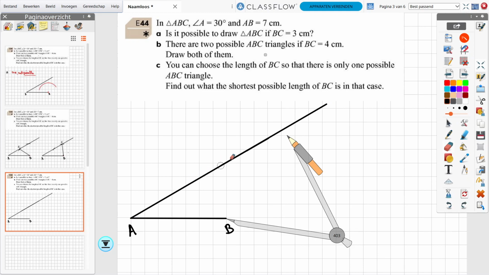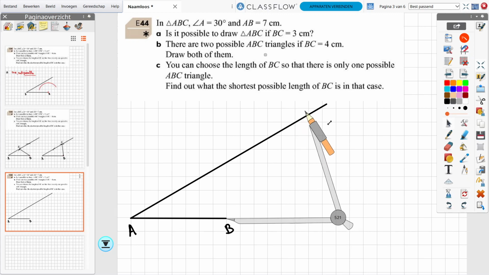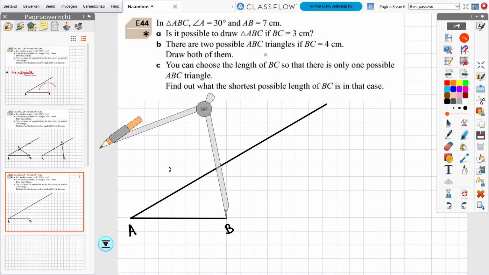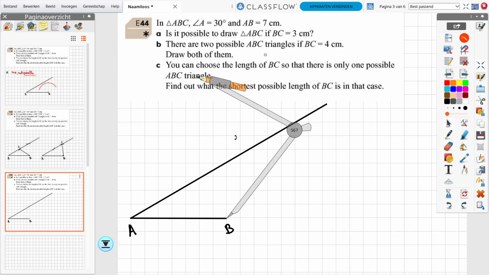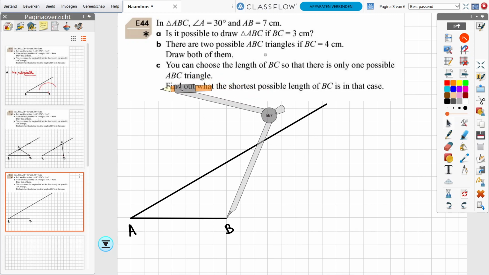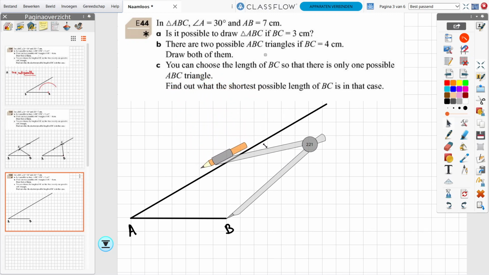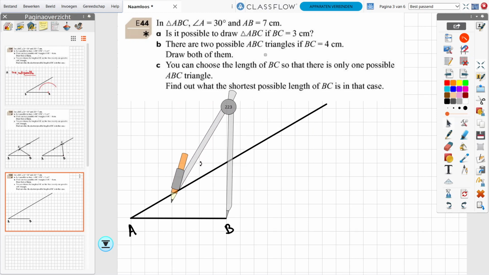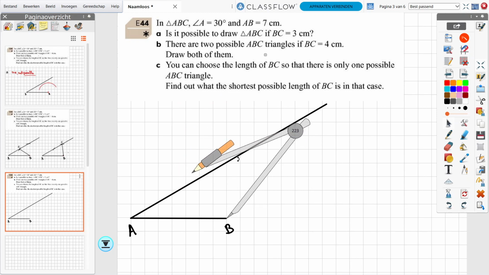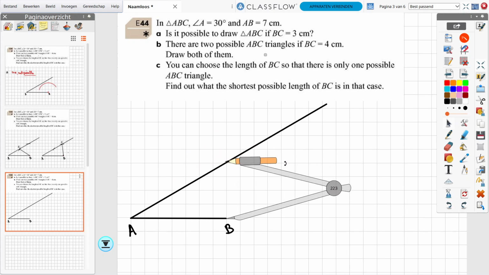But there's one thing that we in that case forget, that is find out what the shortest possible length is in that case. And there are still infinite options, because this one and this one and this one also all work, because as I get bigger, here I'm going to miss out on an intersection. But there is one more interesting one, and that is, if I'm going to get a bit smaller here, you'll see that I find a circle that intersects this twice.